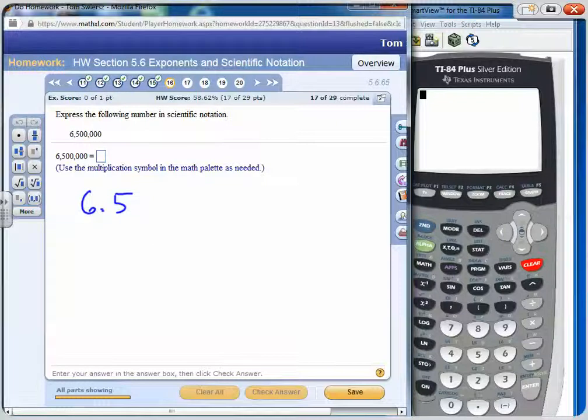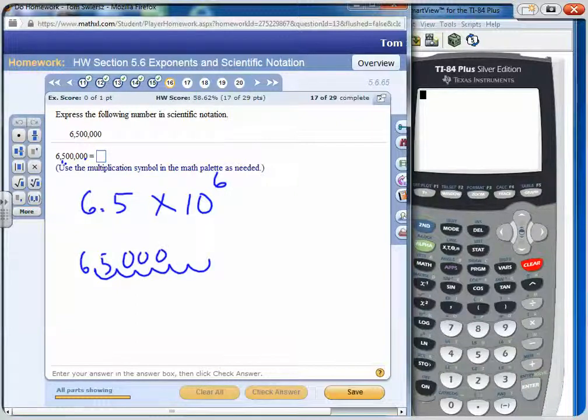Now notice, what did we do? We went over 1, 2, 3, 4, 5, 6 places, right? The number's big, so we would have to multiply, so the exponent is positive. So 6.5 times 10 to the 6, again, you could just go ahead and change it 1, 2, 3, 4, 5, 6.